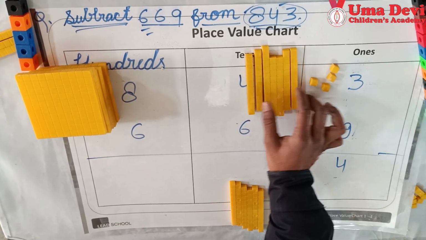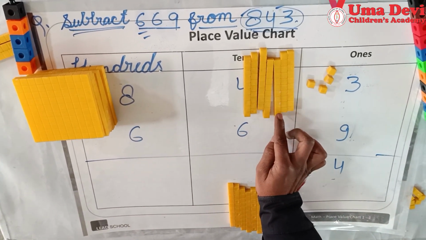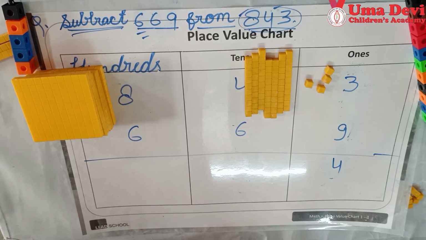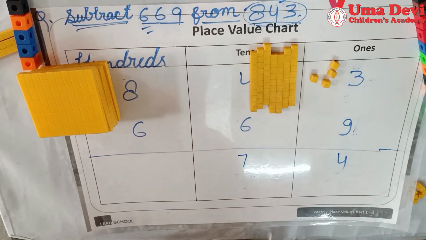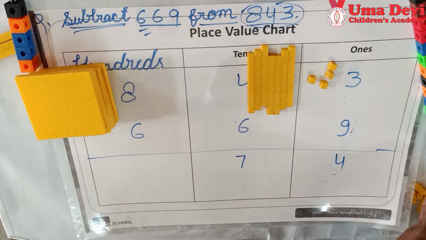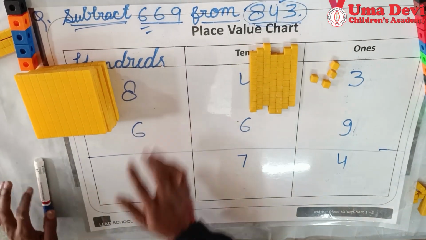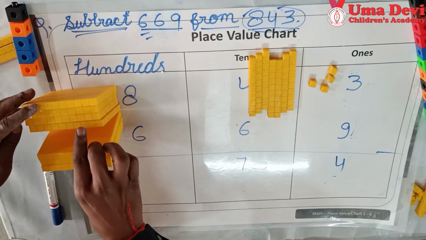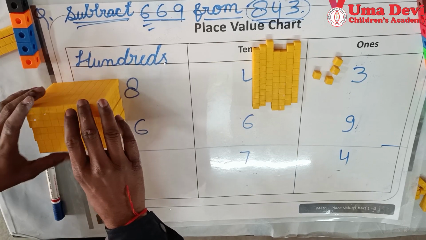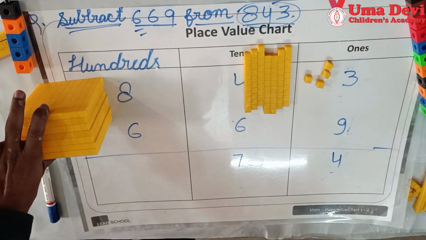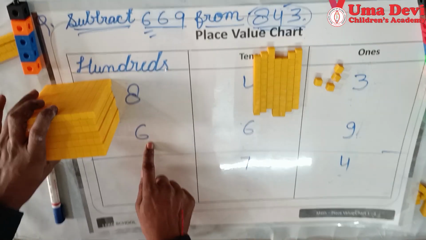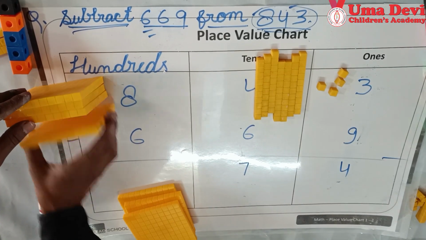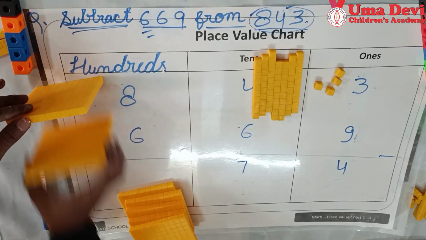So look here, how many are left? 1, 2, 3, 4, 5, 6, 7. 7 is left here, so we will write 7. Look at this, how many hundreds blocks are left here? 1, 2, 3, 4, 5, 6, 7. 7 hundreds blocks are left, and we have to subtract 6. So I am taking away 1, 2, 3, 4, 5 and 6.